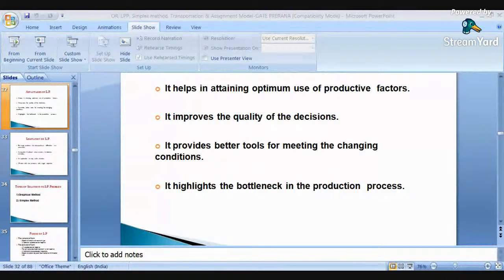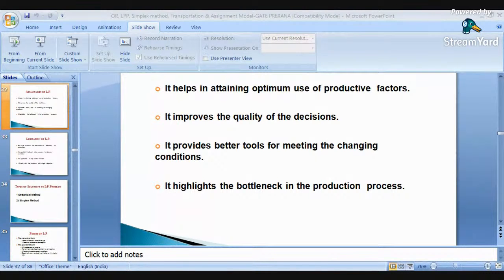Then duality: for every linear programming problem there is a related unique LP problem involving the same data, which also describes the original problem. The primal problem is rewritten by transposing the rows and the columns of the algebraic statement of the problem. The variables of the dual program are known as the dual variables or shadow prices of the various resources.